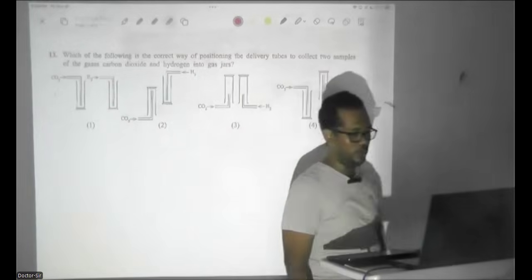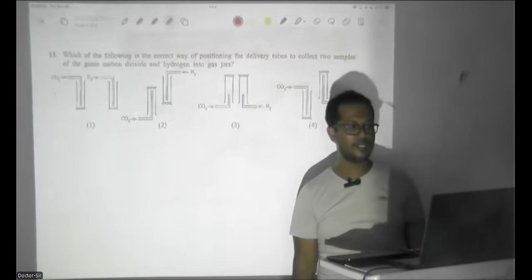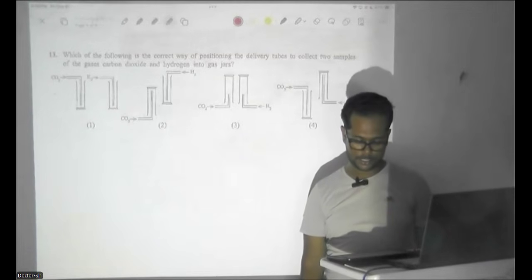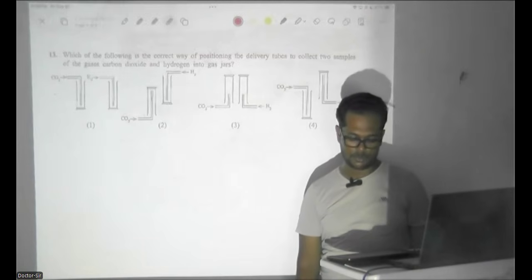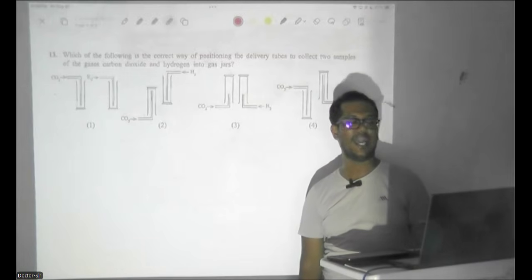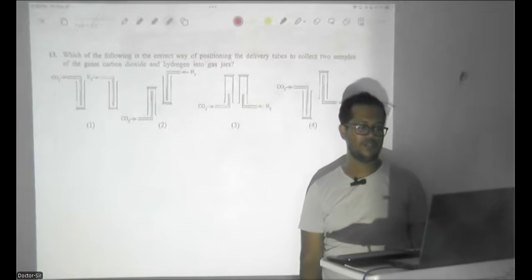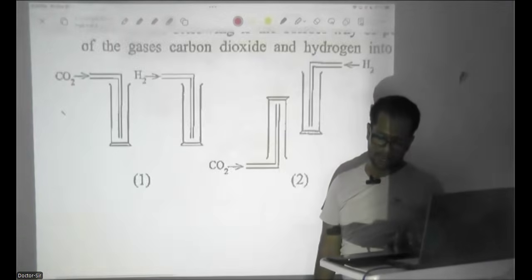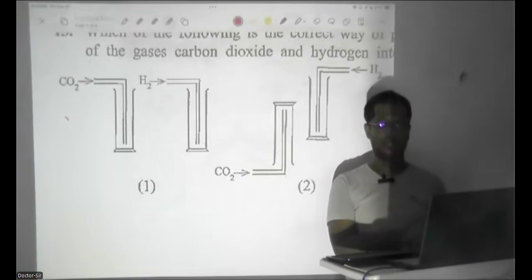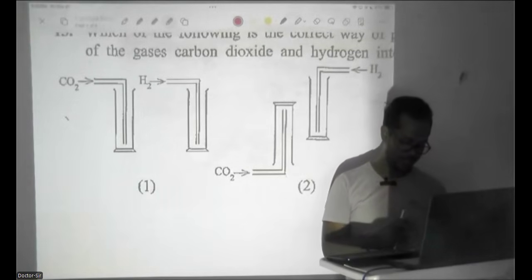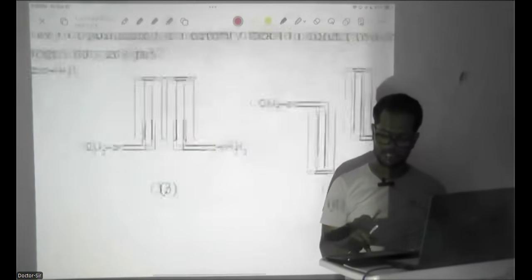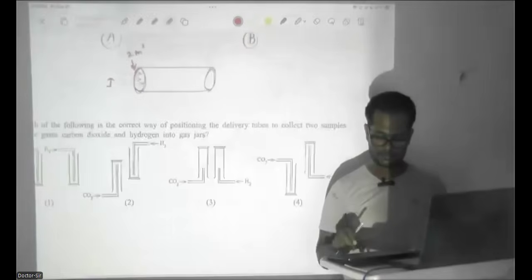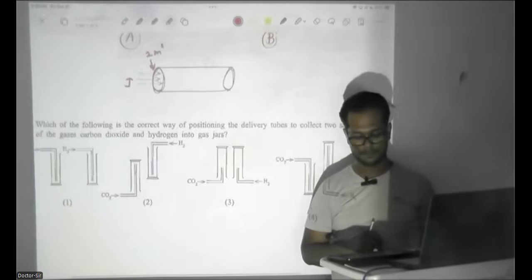Okay. Now, which of the following is the correct way of positioning the delivery tube to collect two samples of the gases? They ask about the two samples of the gases they are going to collect. One is carbon dioxide, another one is hydrogen. So basically, what is the principle we are using here?